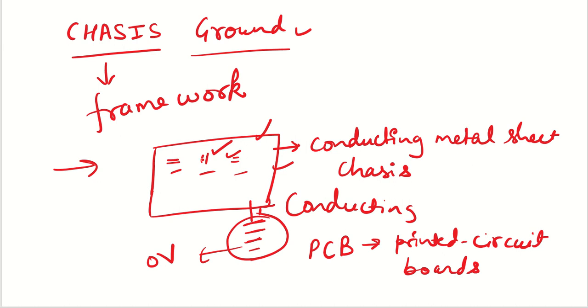It's also nowadays a common practice to show various electronic components connected to chassis ground with the help of ground symbols. Now we will see what the ground symbols are. Suppose we have a battery, positive, negative.